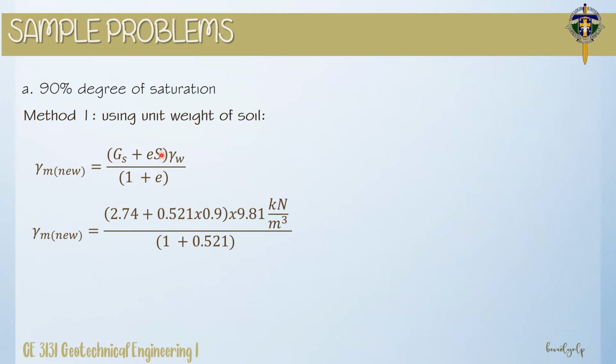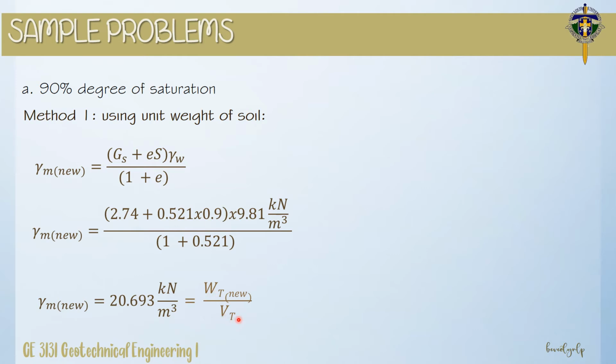And then the degree of saturation, we will now be using 90%. So that is 0.9 times the unit weight of water divided by 1 plus the void ratio. So the moist unit weight, considering 90% degree of saturation, is 20.693 kilonewton per cubic meter. So we also know that unit weight is simply the weight divided by volume.